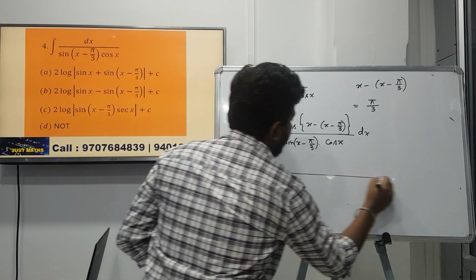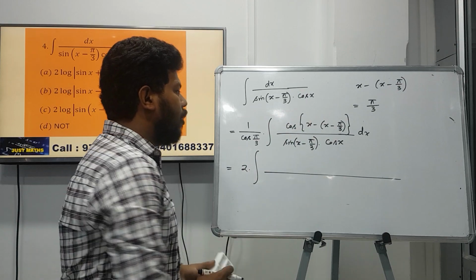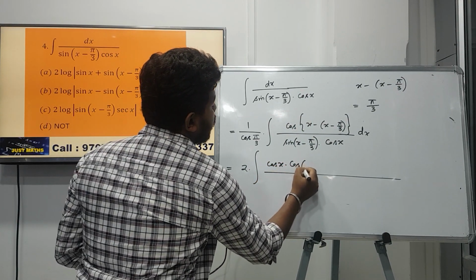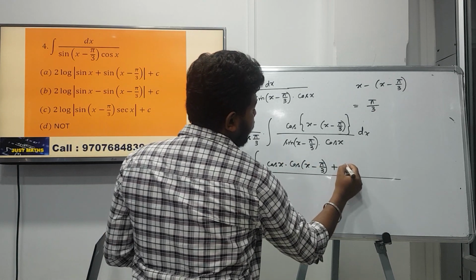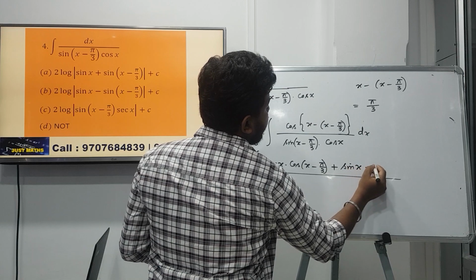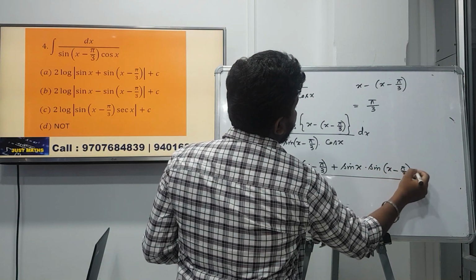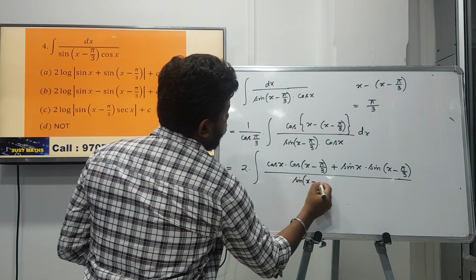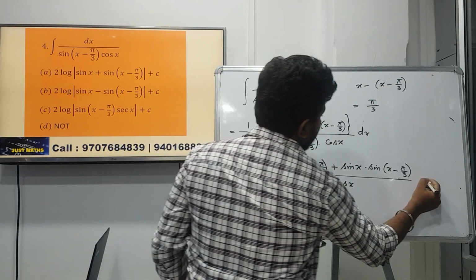Now, if I break this formula, cos of a minus b, I will get cos x into cos of x minus pi by 3 plus sin x into sin of x minus pi by 3, divided by sin of x minus pi by 3 into cos x.